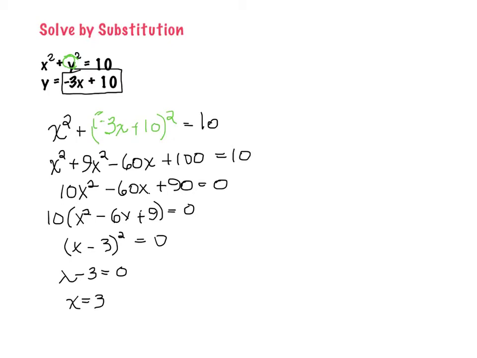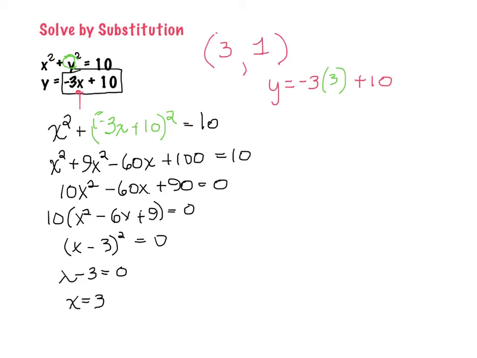We all know that the solution to a system is an ordered pair where they intersect. Well, now I know there's only one x. So I'm going to plug the x into here, where the y is, so I get y equals -3. Plug in that 3. Plus 10 and I get the answer of 3, 1.